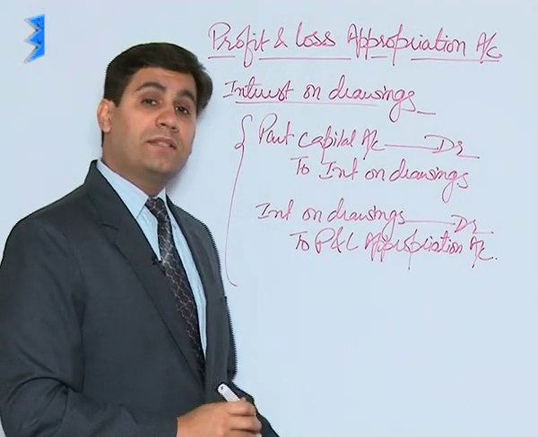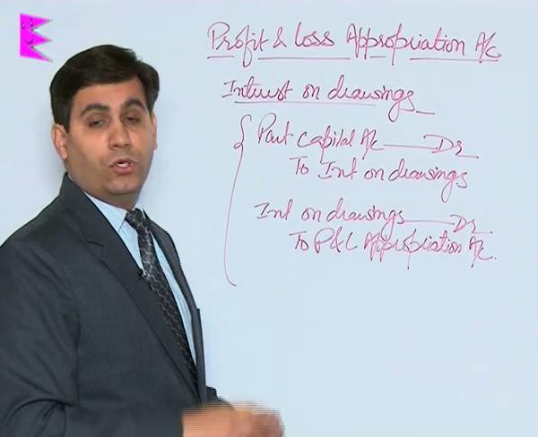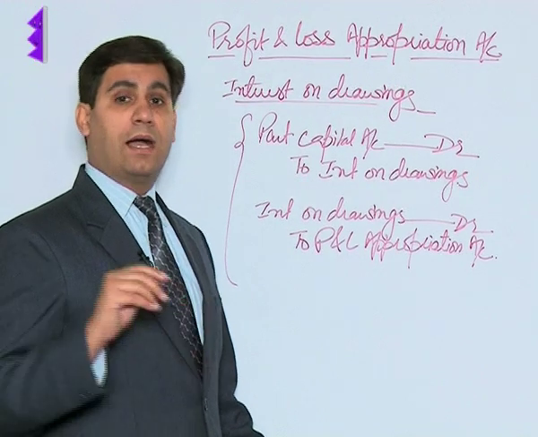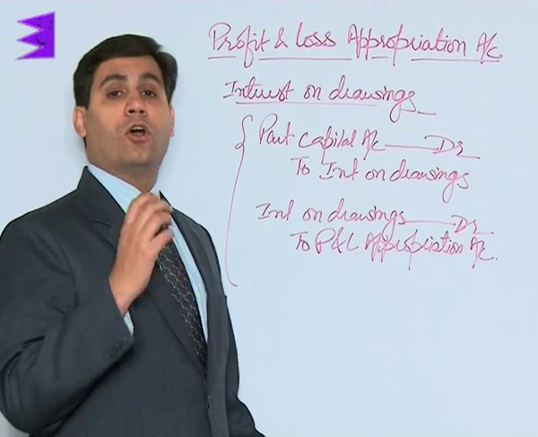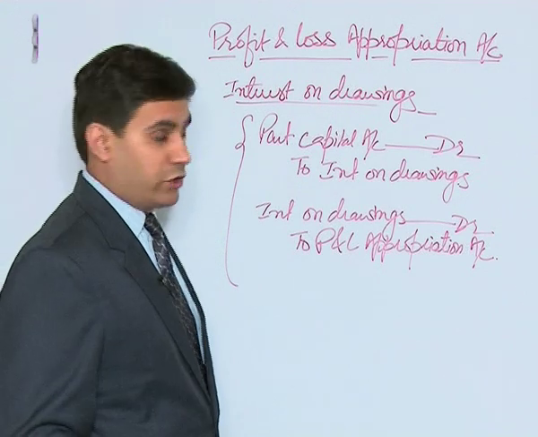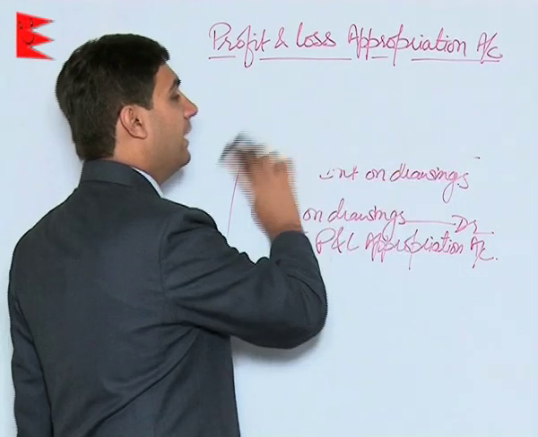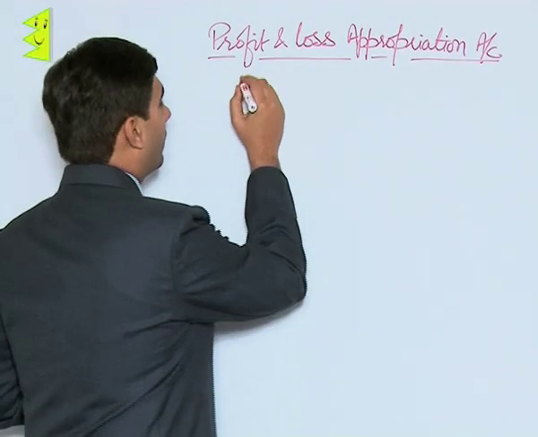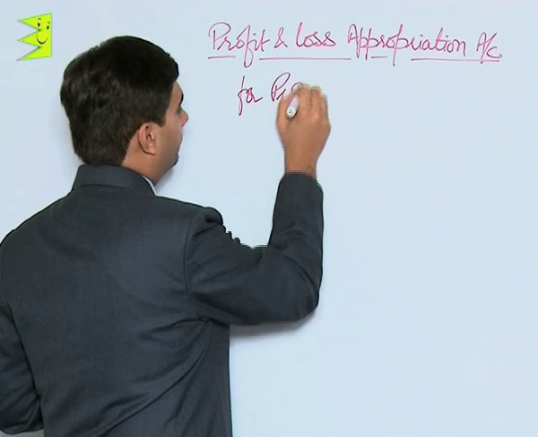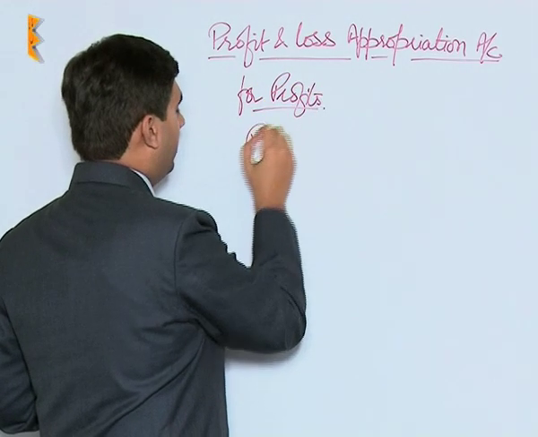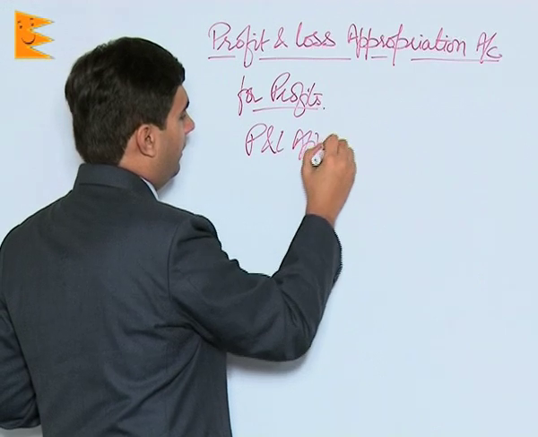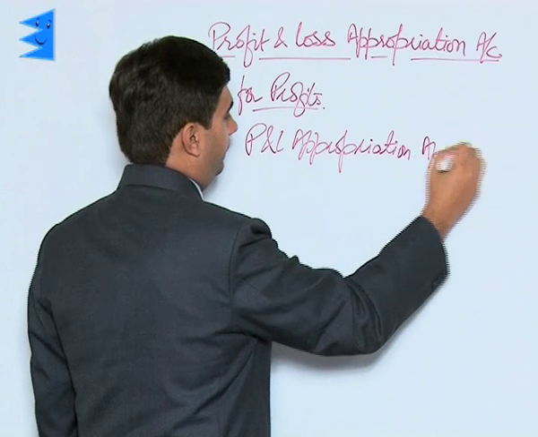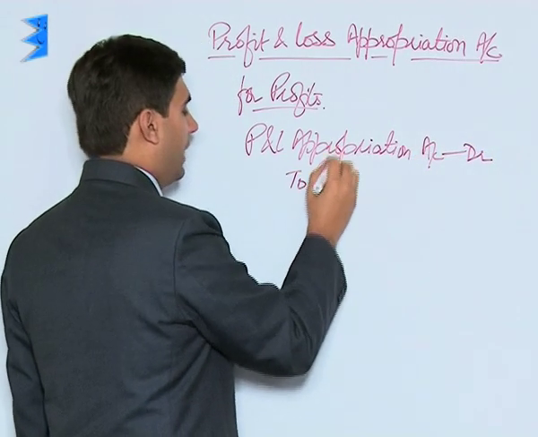Then students, once all these adjustments have been made through your P&L appropriation account, the final balance is called either divisible profit in case it is profit or divisible loss in case it is loss. So for dividing the final profit among the partners, the entry for profits would be P&L appropriation account debited to partners capital account.